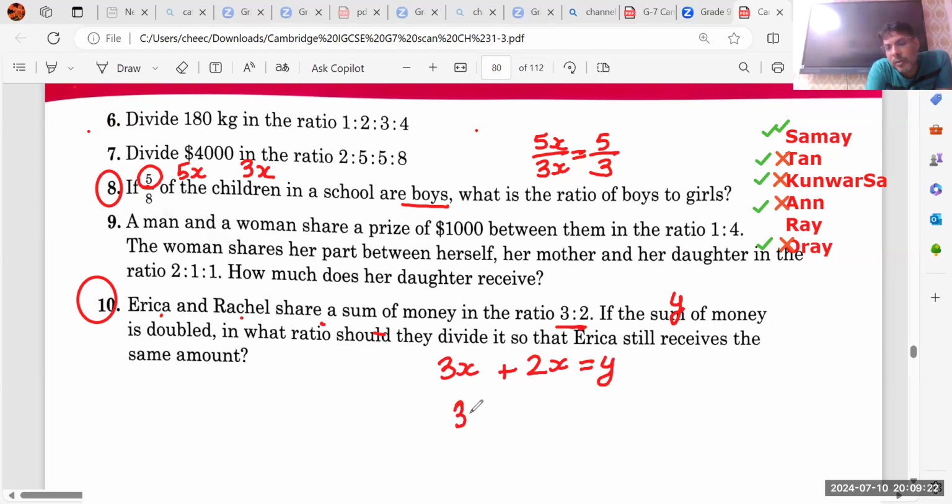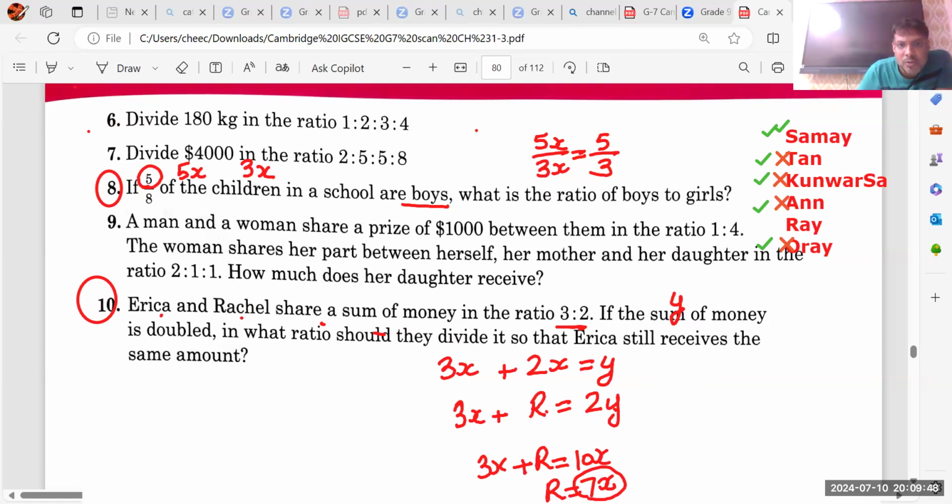Now this is going to remain 3x only, plus Rachel's money is equal to 2y. What is y equal to? 5x. Correct? So 3x plus R is equal to 10x. R is equal to 7x. So they should divide it in the ratio, which one? 3 is to 7. Yes, sir.